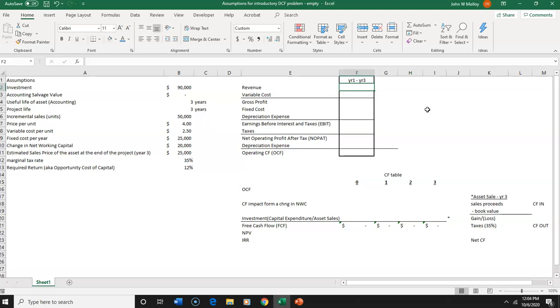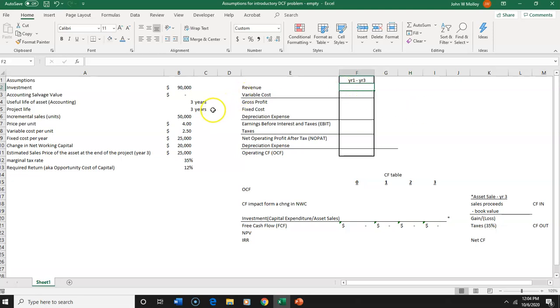So what do I do with that? Well, one thing you should understand about this kind of analysis is that it's an incremental analysis. What I mean by that is we're going to spend this money and the question we want to answer is what's going to change as a result of spending this money, okay?